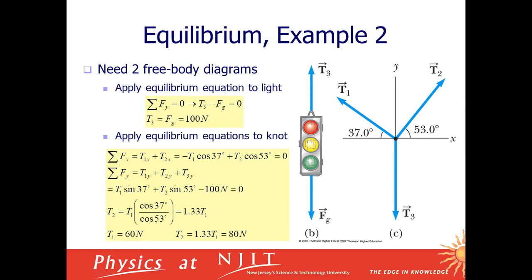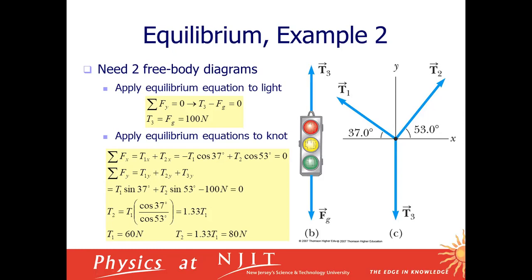We have your T1 for the 37 degrees, and then the second tension or T2 for the 53-degree angle cable. First is to determine the summation of forces with respect to the x-axis.